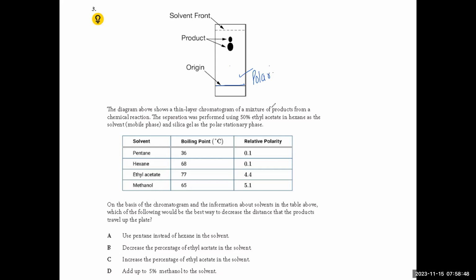Let me tell you this also: ethyl acetate is also polar. It has plenty of oxygen, C2H5COOCH3. So this is polar. So would you like to increase the amount of polar solvent more or less? You want them to travel less. You want the thing to be here, right? So you want to increase the attraction with the polar thing or decrease the attraction with the polar thing? Answer this.